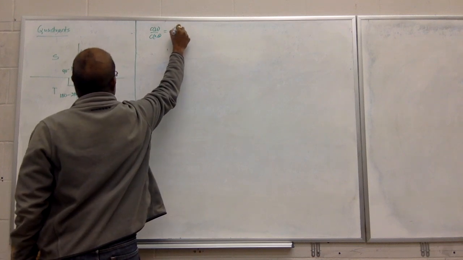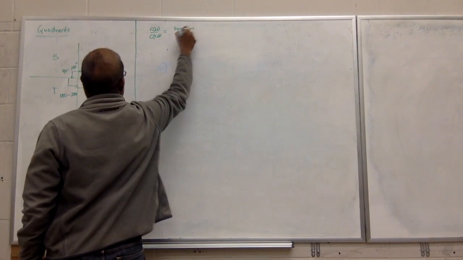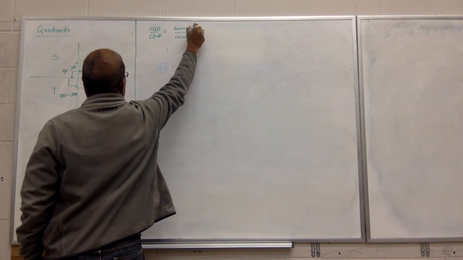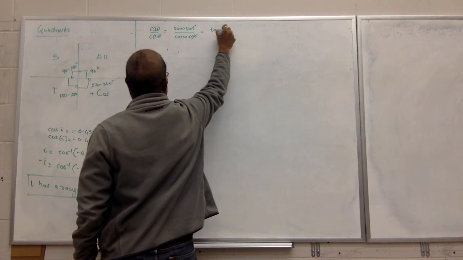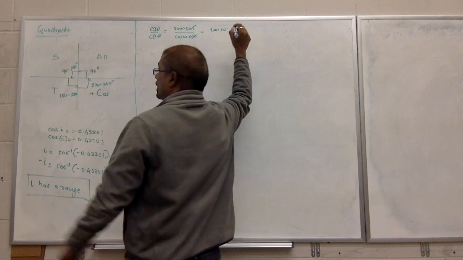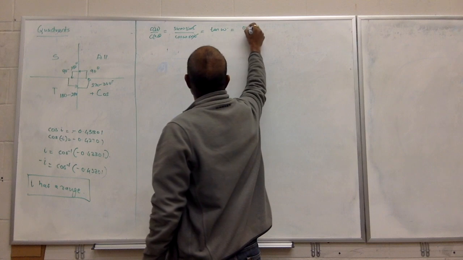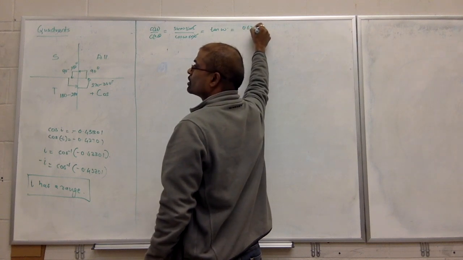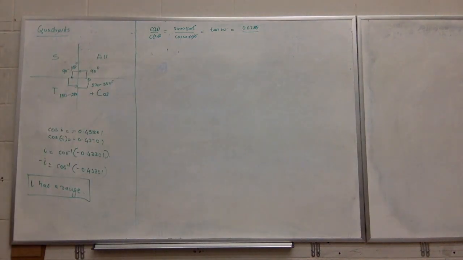Sine omega, right? Sine I divided by cosine omega sine I. So this will be tangent omega, right? And tangent omega is what? 0.6264 divided by negative 0.65178.